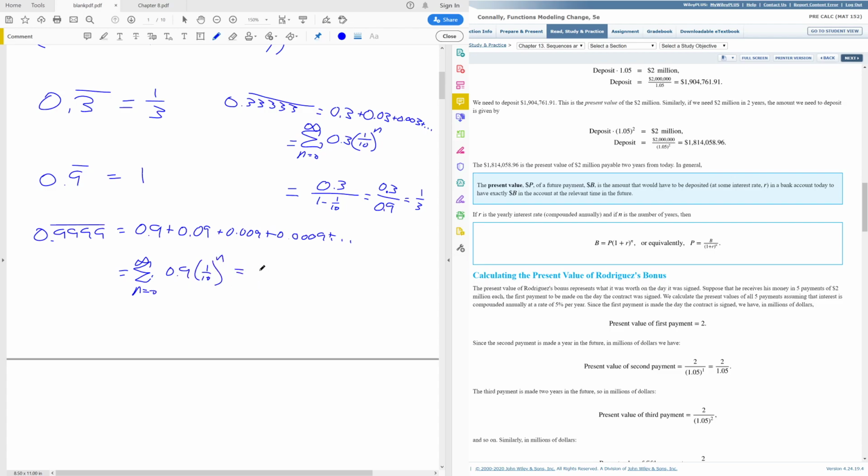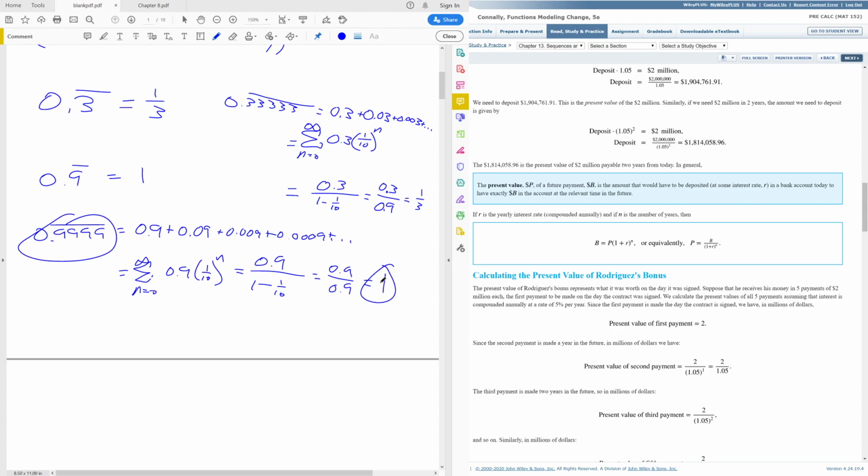So what's the first term? 0.9 divided by 1 minus, what's the ratio here? 1/10. So that's 0.9 divided by, what's 1 minus 1/10? 0.9. And what's 0.9 divided by 0.9? 1. And so we see that 0.9 repeating is equal to 1.